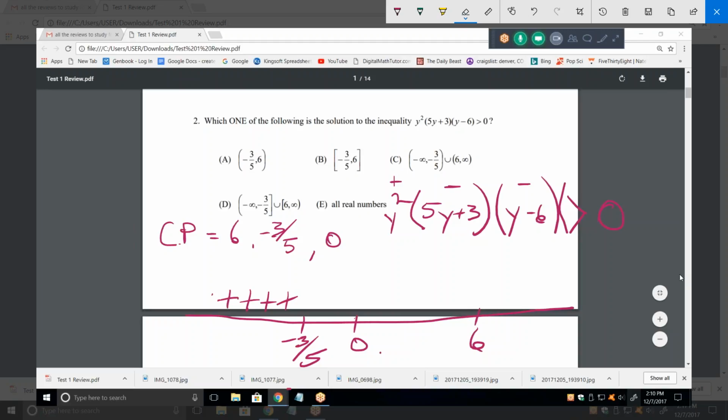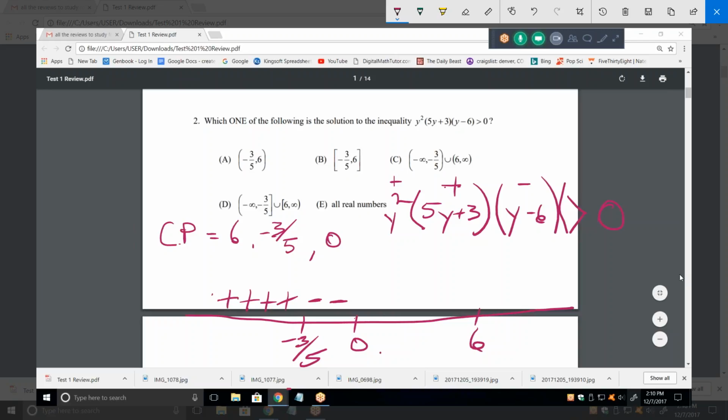Minus 1/2? Yeah. Okay. Square it. Is it positive or negative? Positive. About the second part, 5y plus 3. Is that positive or negative? Positive. And how about the last part? It'd be negative. Okay, so it's negative in that interval.